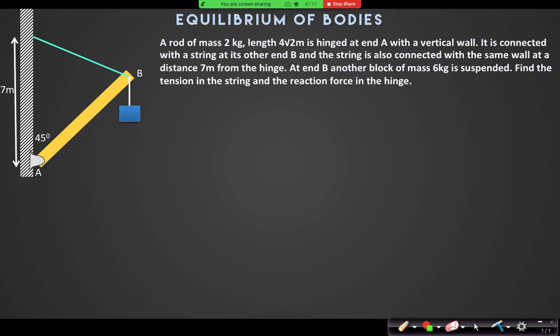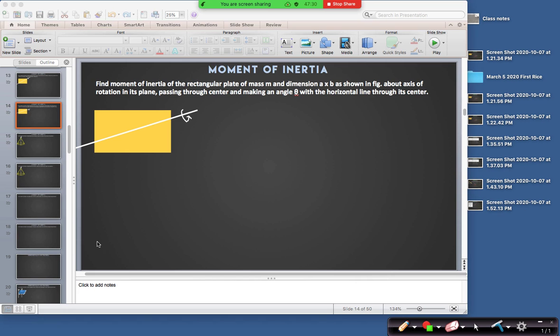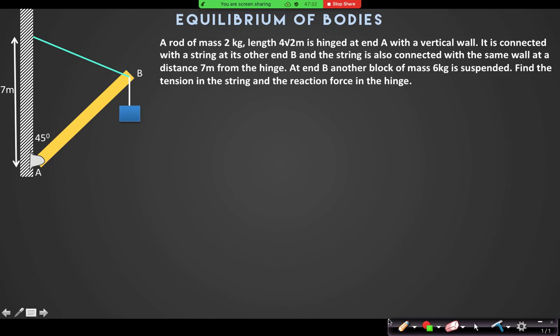Now this question, try it. A rod of mass 2 kg, length 4 root 2 meter, is hinged at the point A with a vertical wall.